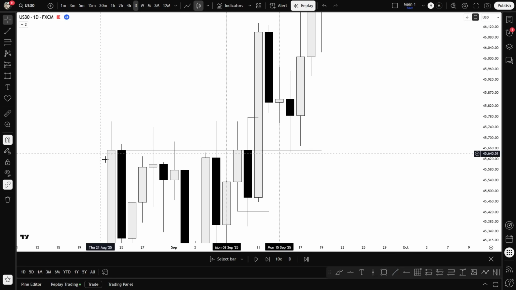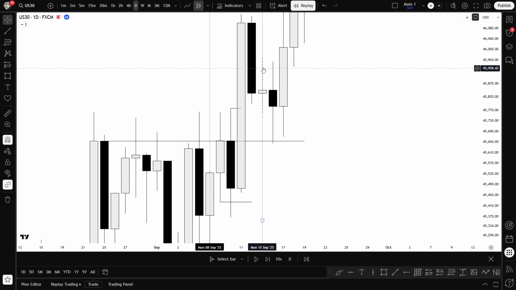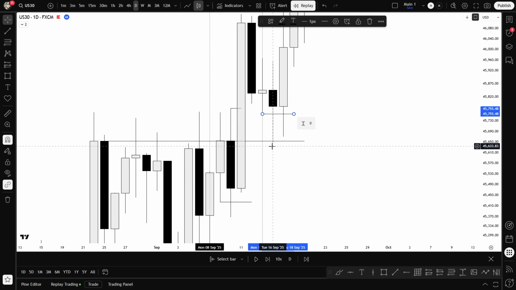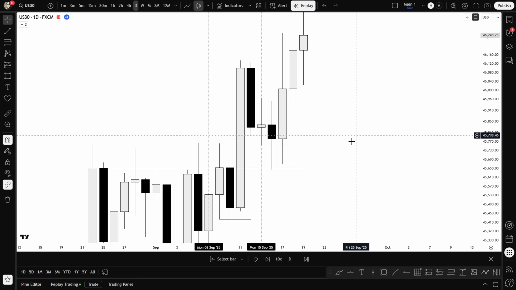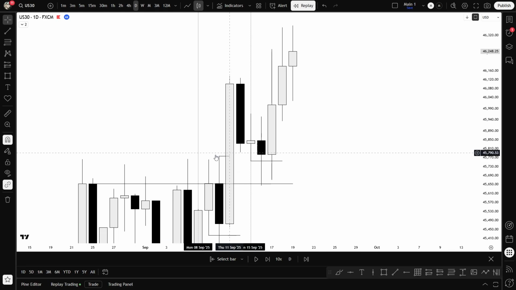We have the OB, the opening price of the previous weekly OB. We have a Monday range, then a Tuesday manipulation of the week. This is a classic buy candle with Monday range, Tuesday low of week, and Wednesday expansion. Classic buy.